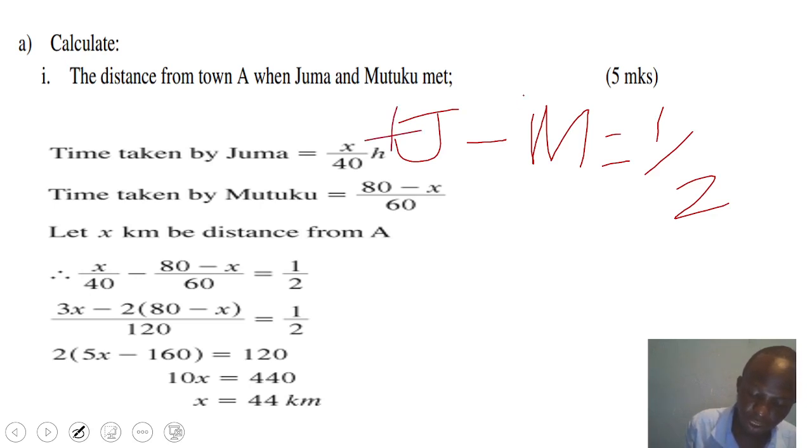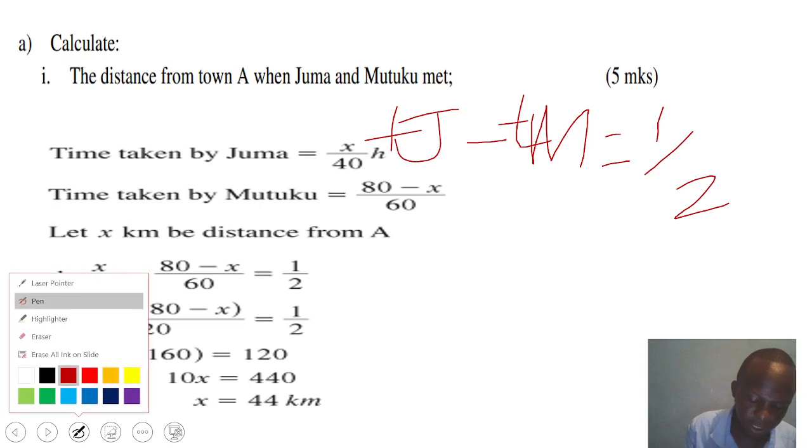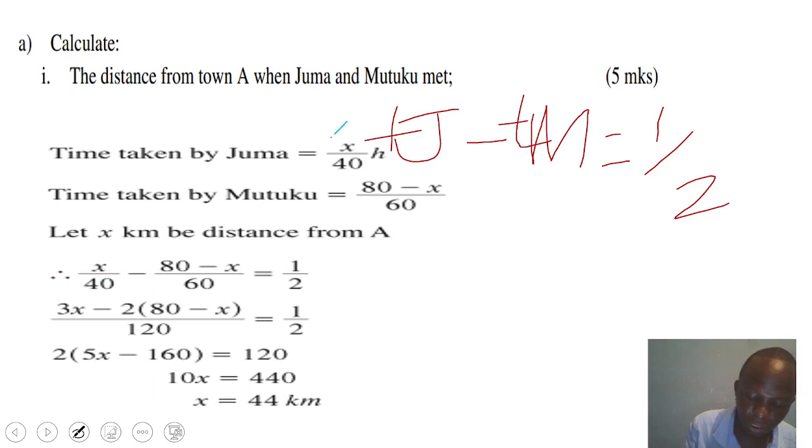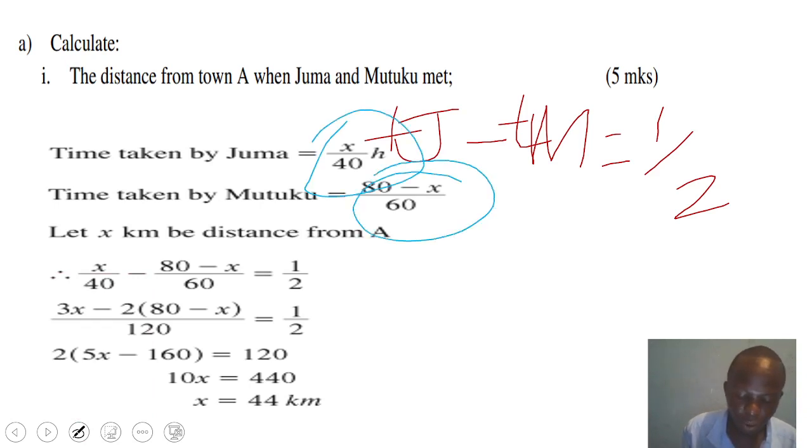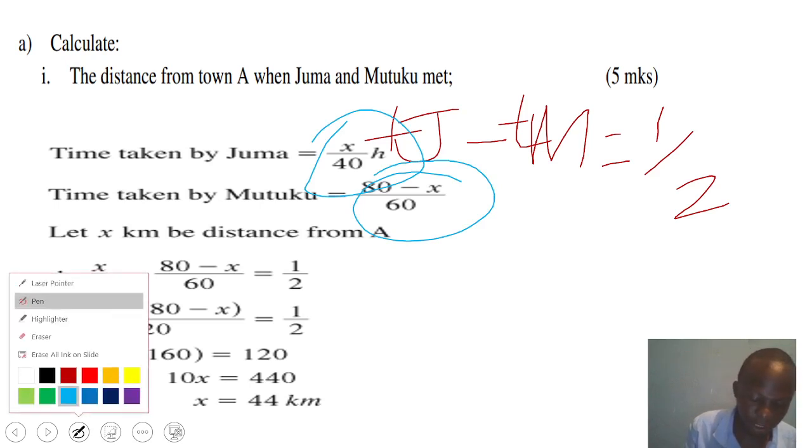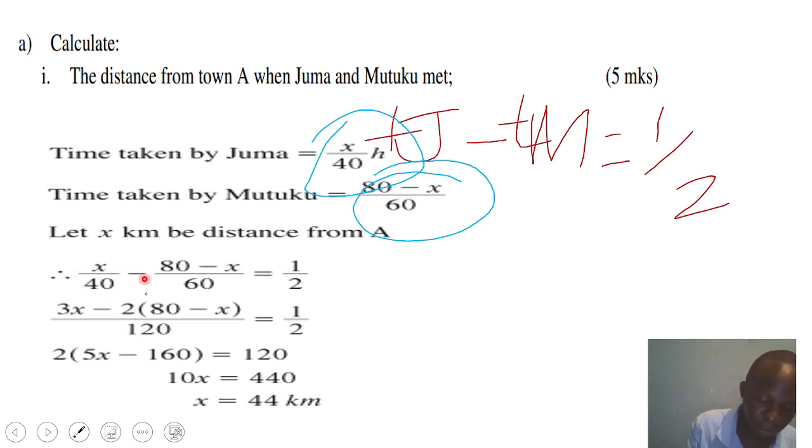Let me use TJ and TM to show the time of Juma and the time of Mutuku. Using the expressions of the times in terms of x, like we have seen there, we can say this time of Juma minus this time of Mutuku is equal to half. So it's just a matter of getting the difference.